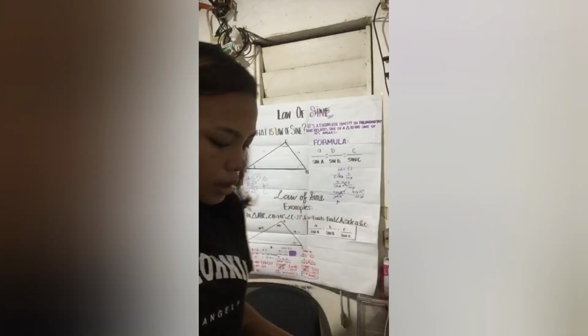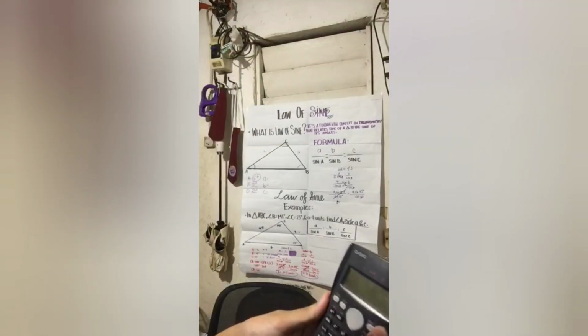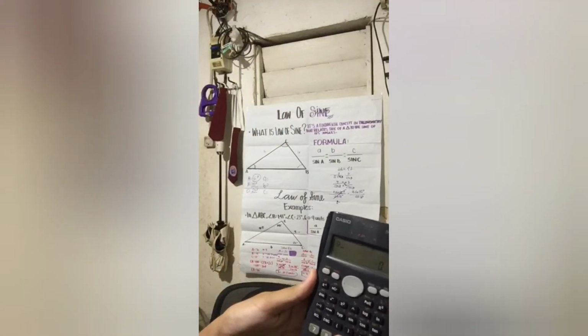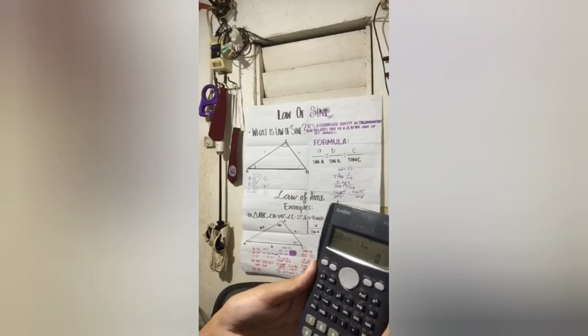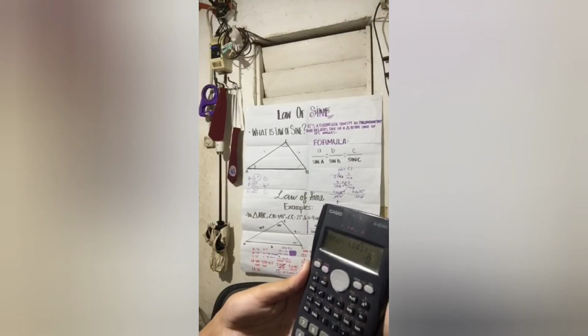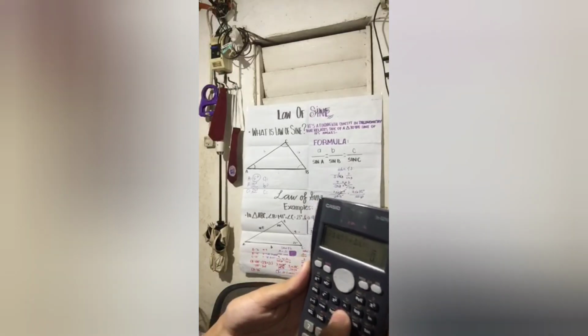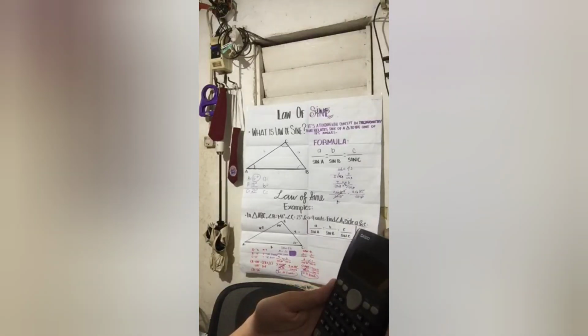We will use a calculator: 9 sine of 141 degrees divided by sine of 16.